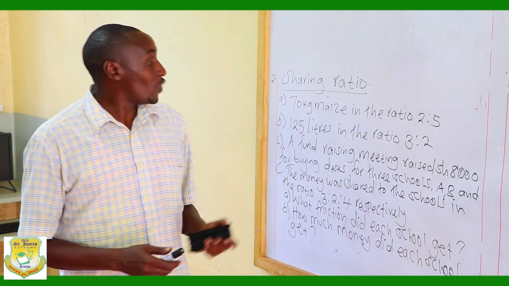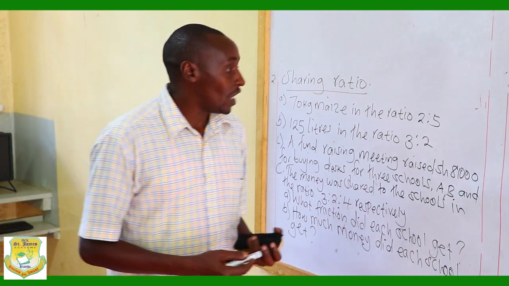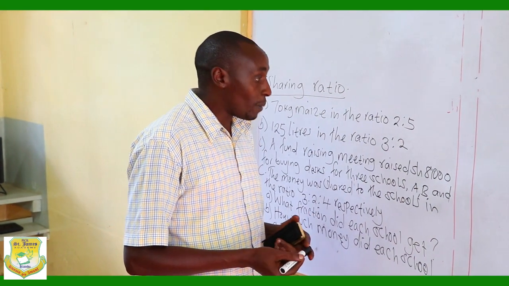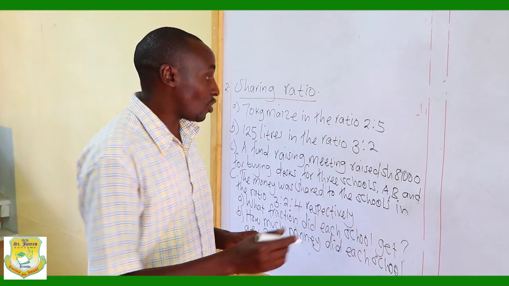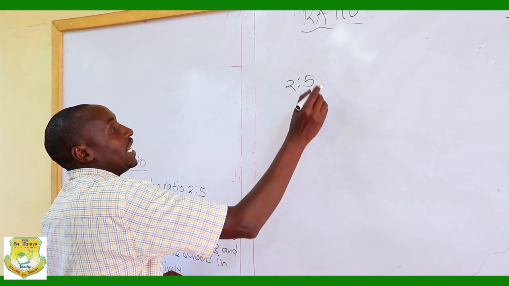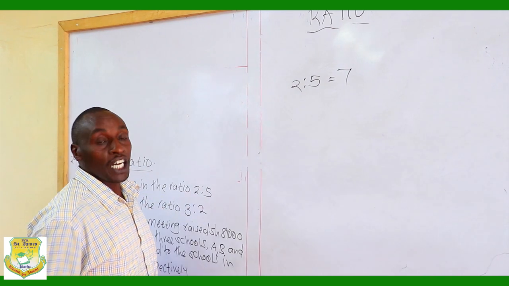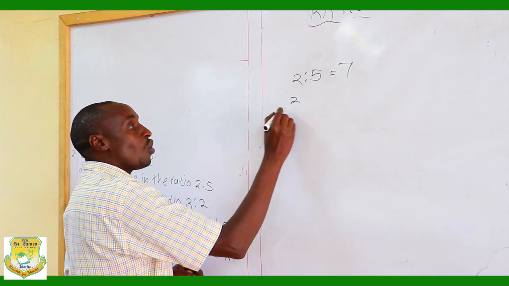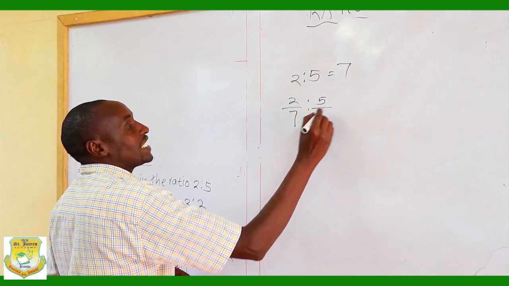The first step, we add both of them, so that we write them as fractions. 2:5, I add both and get 7. So the first one is 2/7. The second one is 5/7.